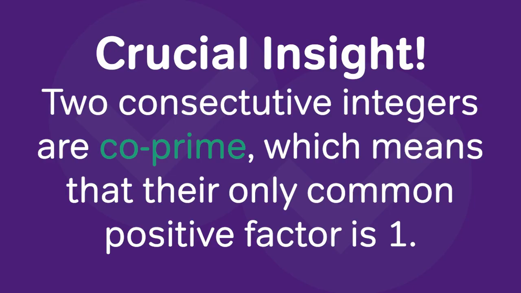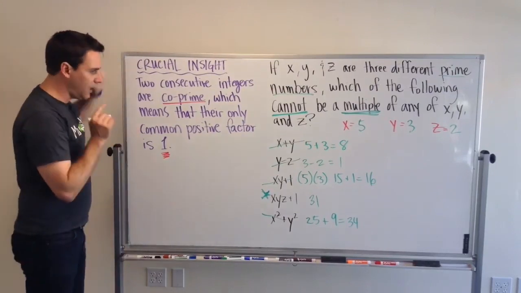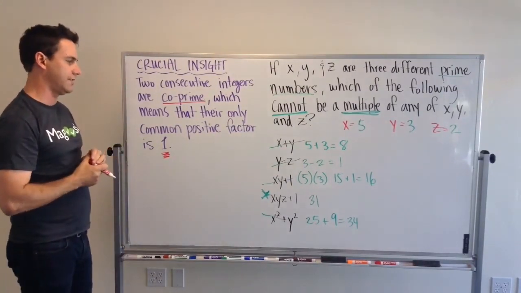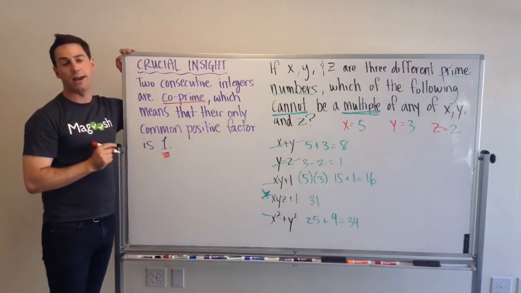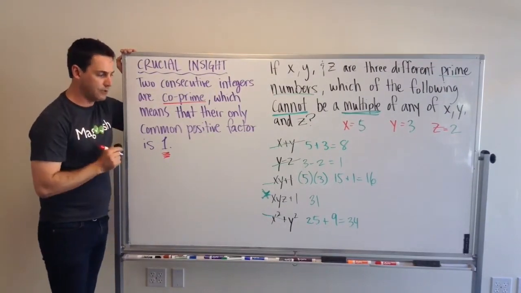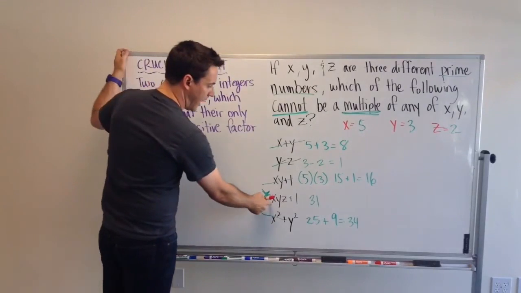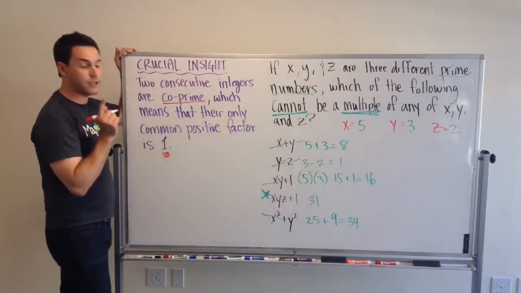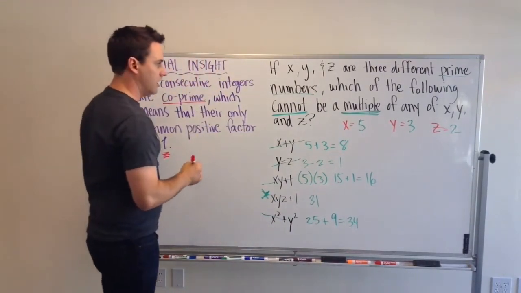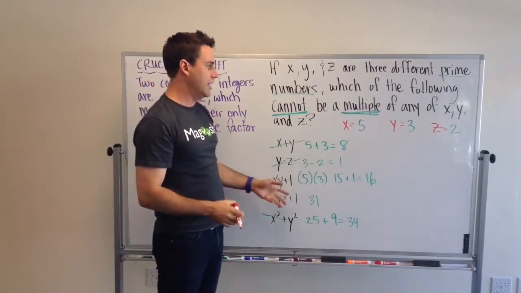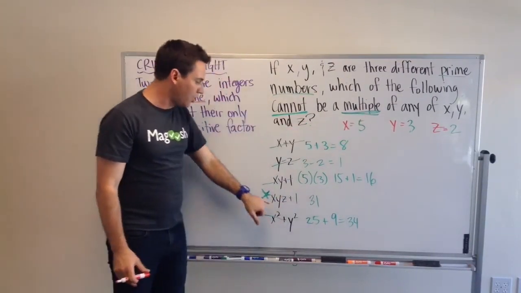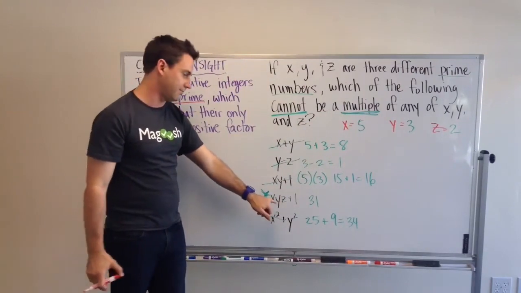Two consecutive integers are co-prime, which means that their only common positive factor is 1. Okay, so how does that help us? If you looked at these answer choices and knew about co-primes and multiples, you would know that x times y times z is a multiple of x, y, and z.